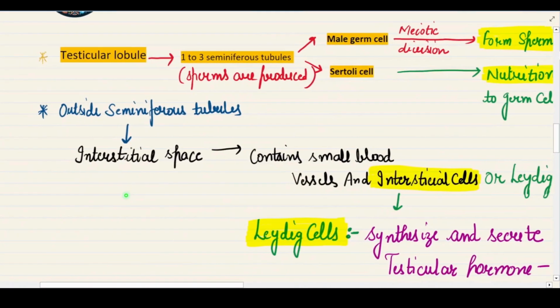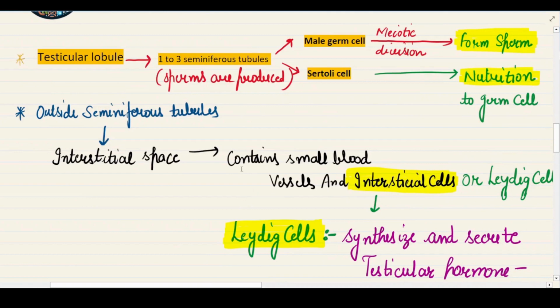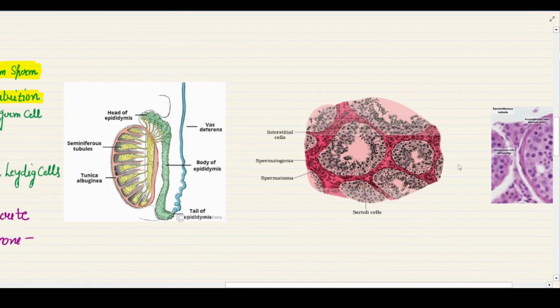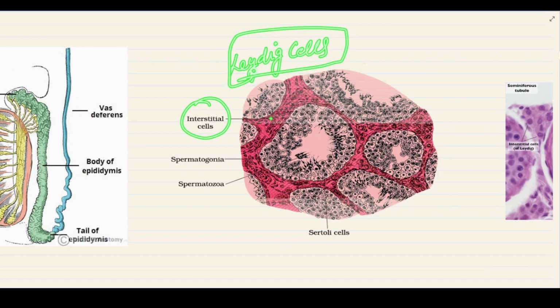Outside the seminiferous tubules, we have a special kind of interstitial space which contains small blood vessels and interstitial cells, or the Leydig cells. What is the function of the Leydig cells?